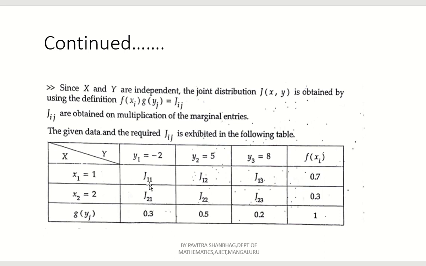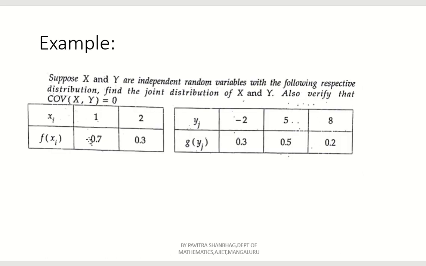So what is J11? First row, first column is J11, first row, second column J12, first row, third column J13. Similarly, second row, first column J21, second row, second column J22, second row, third column J23. And what are the values here? fxi is given row-wise, so here I will write fxi, and gyj column-wise. 0.7, 0.3 are fxi values, 0.3, 0.5, 0.2 are gyj values.